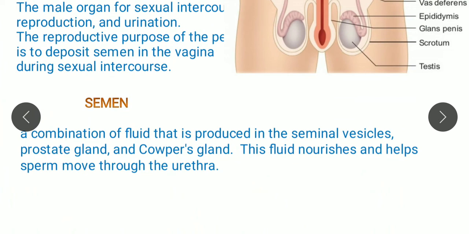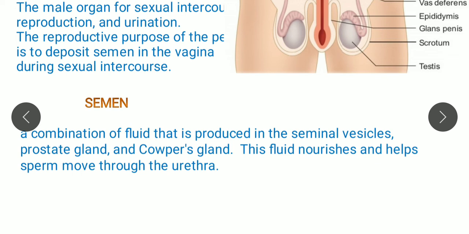Semen is a milky white fluid which contains the sperm and the seminal plasma. This fluid provides nourishment and helps the sperm move through the urethra.